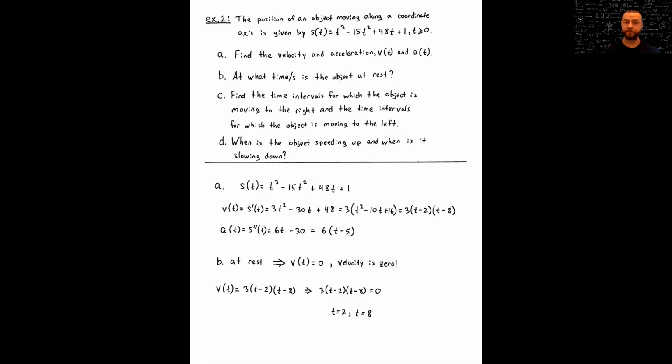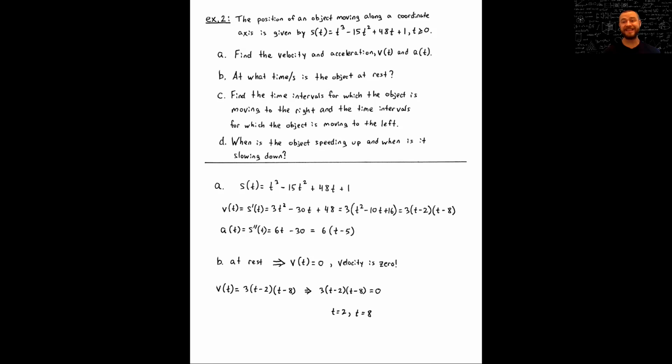So parts A and B go pretty quickly. Now parts C and D, these are the new parts. Part C is asking the direction in which the object is traveling. So find times when it's traveling to the right, and then find times when it's traveling to the left. Part D is asking when the object is speeding up and when it's slowing down.